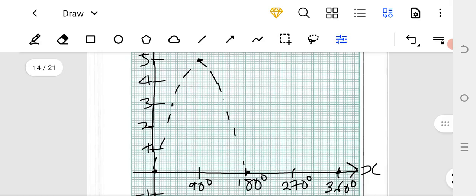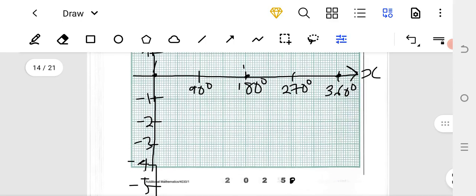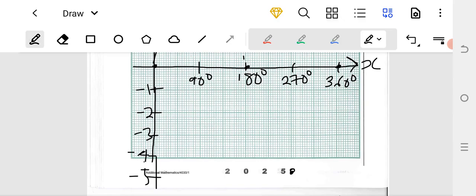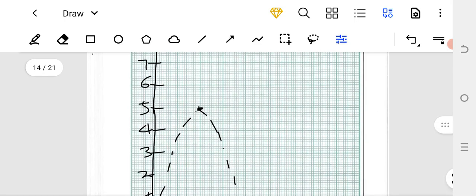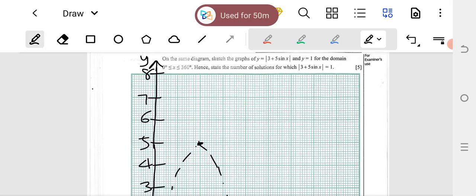Then we can make it smaller. This is not the question. This is actually the one without any changes, okay? So I'm just drawing a sketch of it. And then the one that has been shifted, okay? The one that has been shifted is here. So this has been shifted by 3, the highest point.